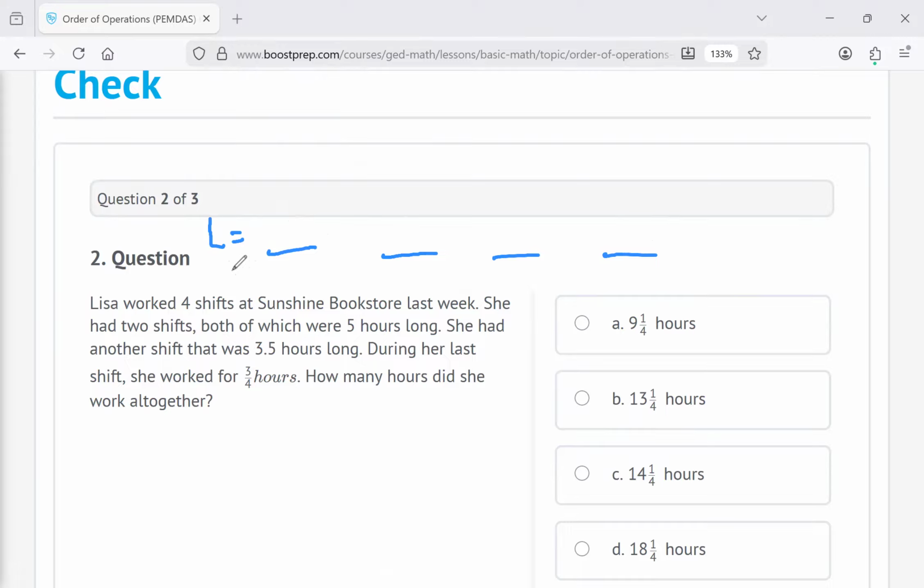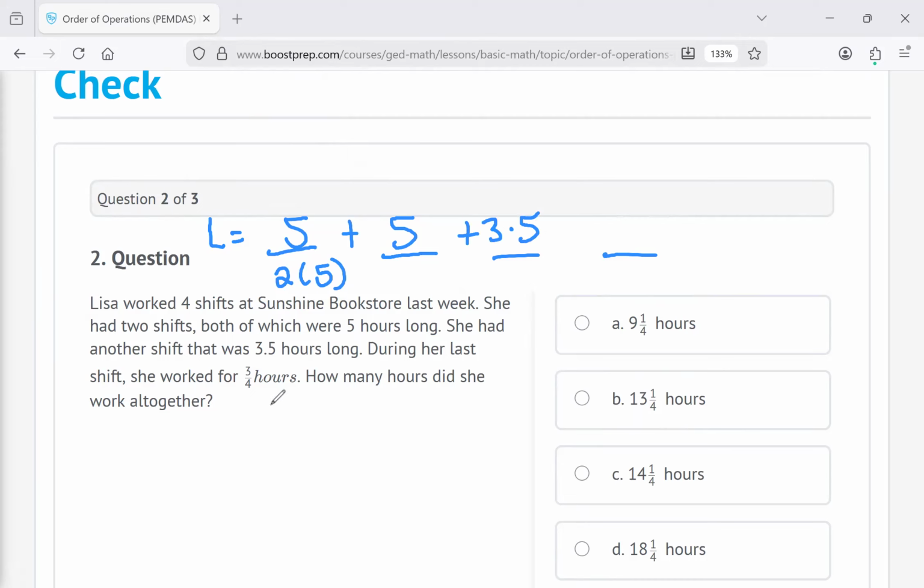So the first shift, she had 2 shifts, both were 5 hours long. So you could put 5 + 5, or you could also say 2 times 5, right? She had another shift that was 3.5 hours, so you can add 3.5.